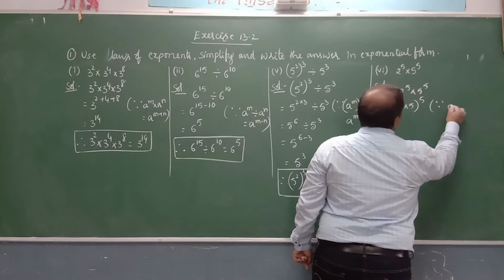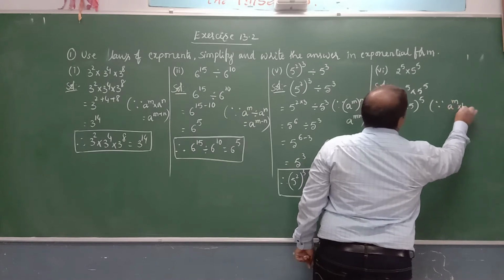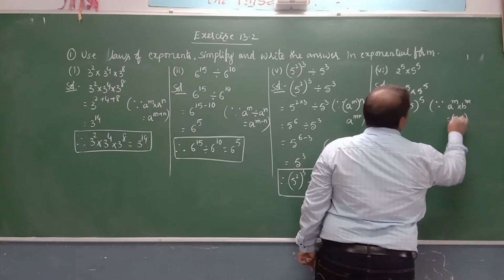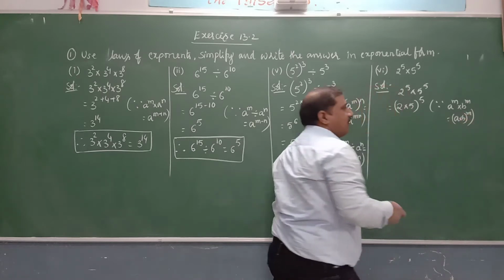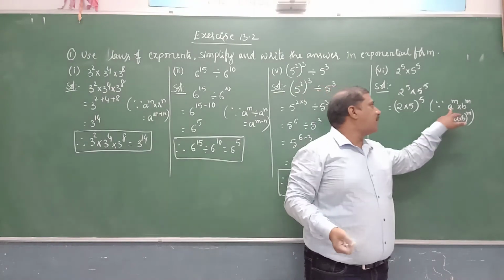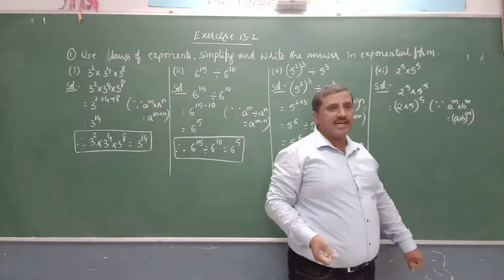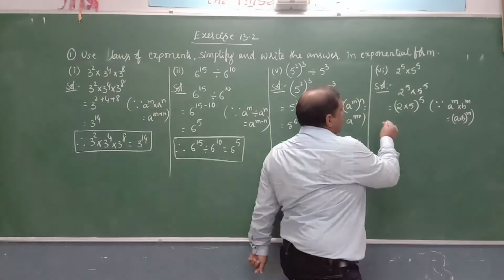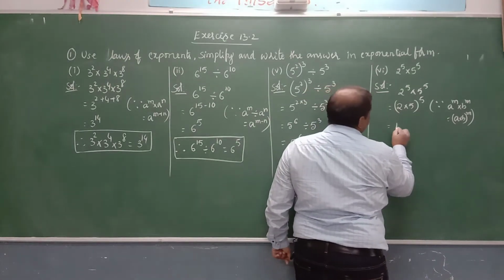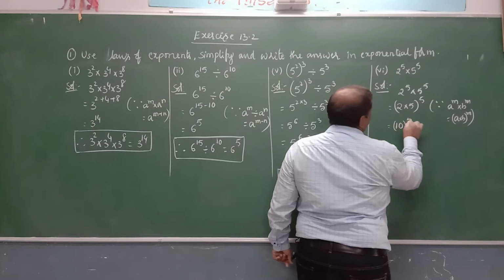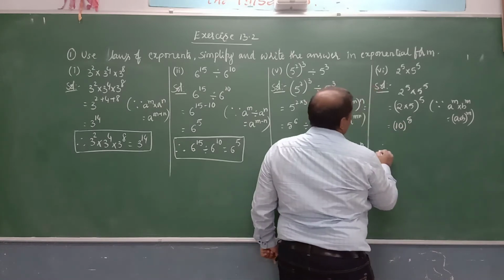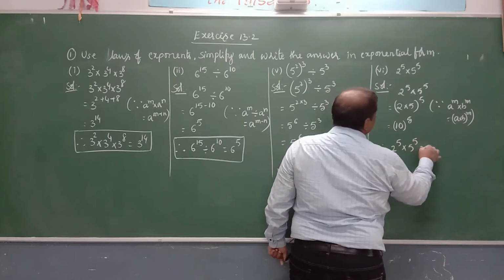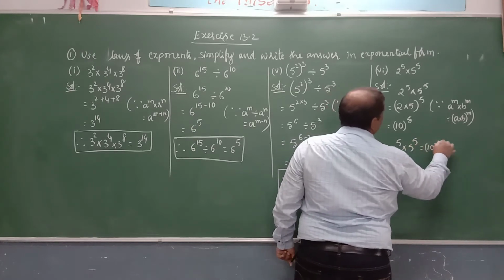Since a power m into b power m is equal to a into b whole to the power of m. Now multiply: 2 into 5 is 10, 10 to the power of 5 we get. Therefore, 2 to the power of 5 into 5 to the power of 5 is equal to 10 to the power of 5.